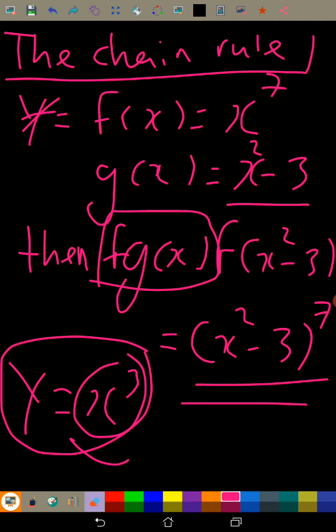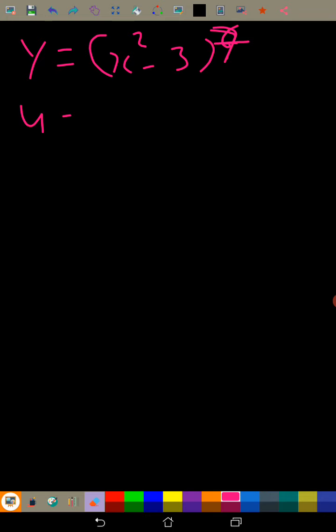Now let's look at an example. y is equal to (x squared minus 3) to the power of 7, just to be the same as in the book. So u is equal to x squared minus 3, and y is equal to u to the power of 7.